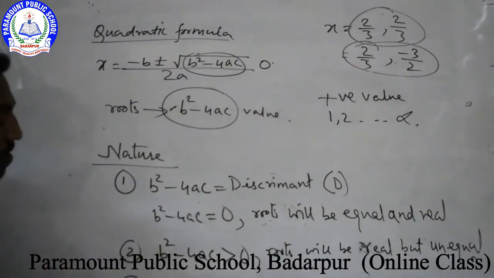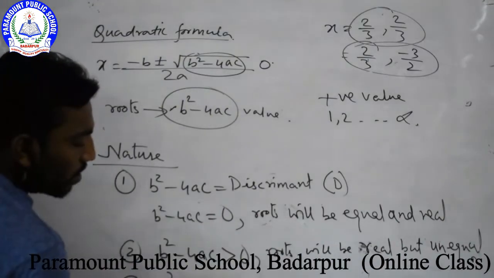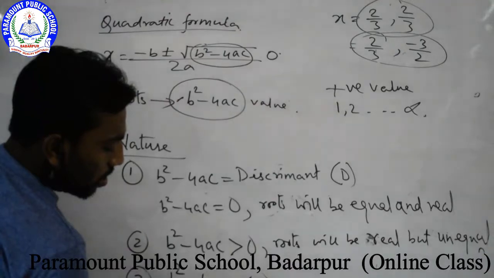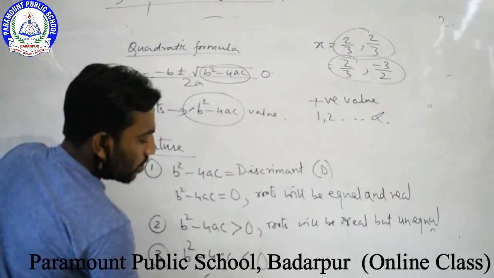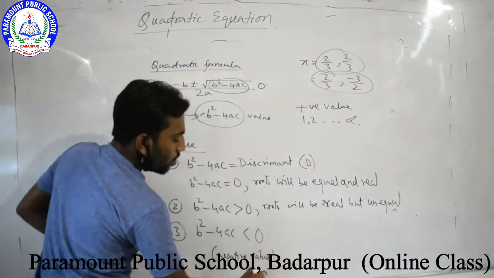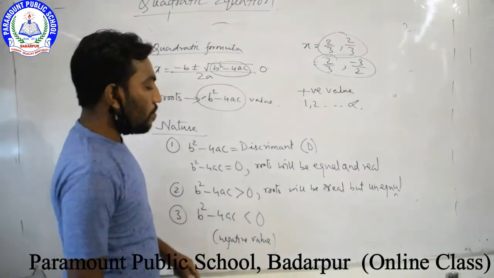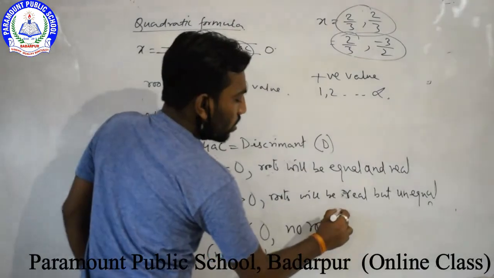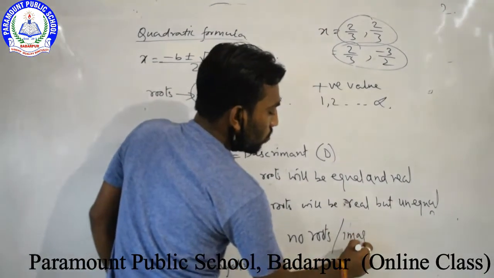Our third nature is b square minus 4ac is less than 0. It means all the negative value. When the value becomes negative, there is no roots, or you can tell it as imaginary roots.